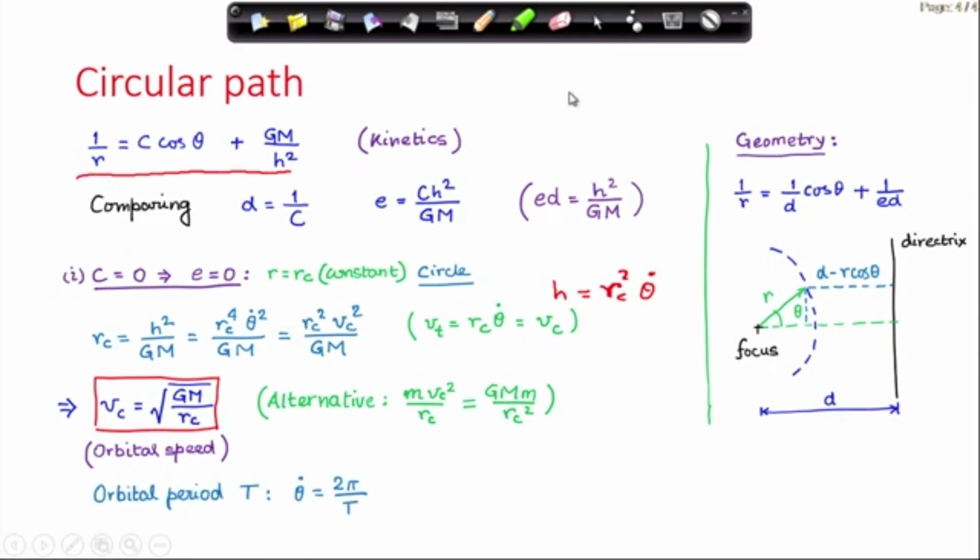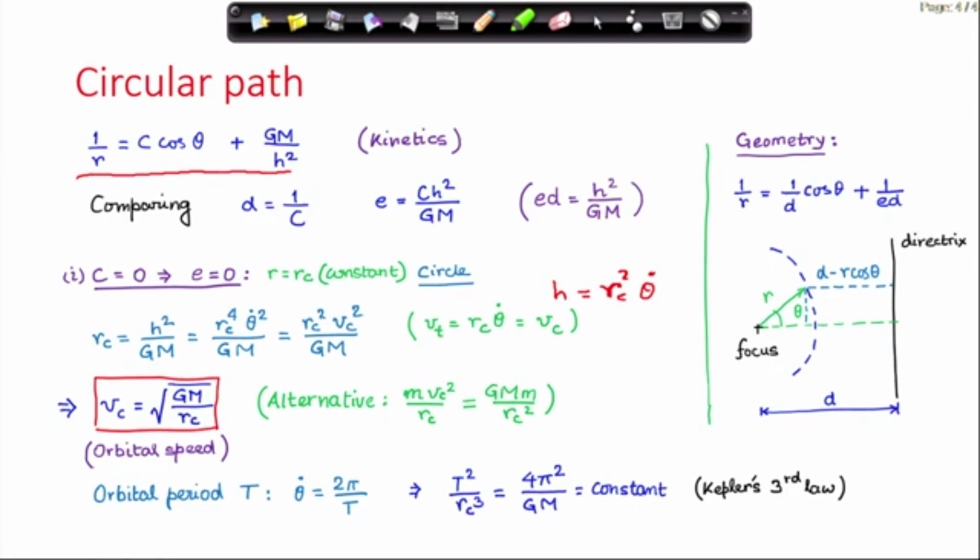Now, for the orbital period, theta dot is 2 pi by the time period. Therefore, T square by r c cube is 4 pi square by g m. This is a constant, and this is precisely Kepler's third law.